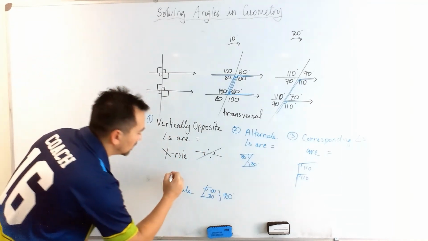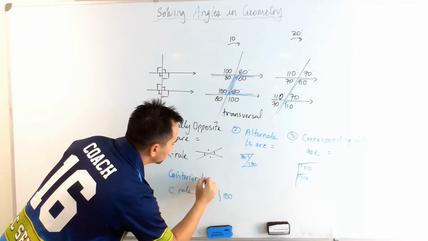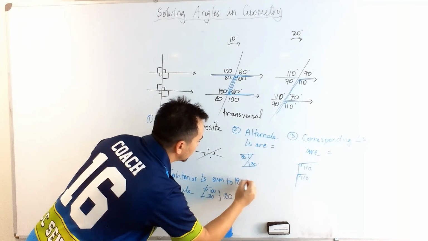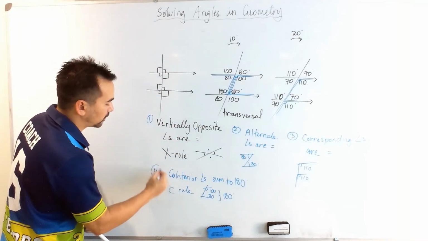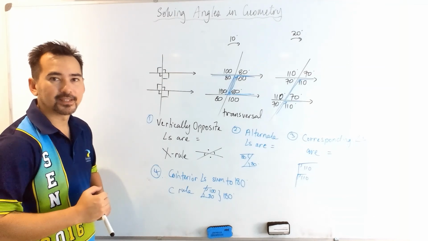And that's called co-interior angles sum to, add up to 180 degrees. That was your fourth rule. Okay, let's put this into context.